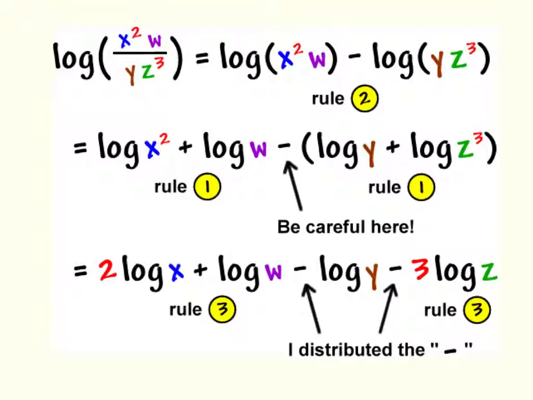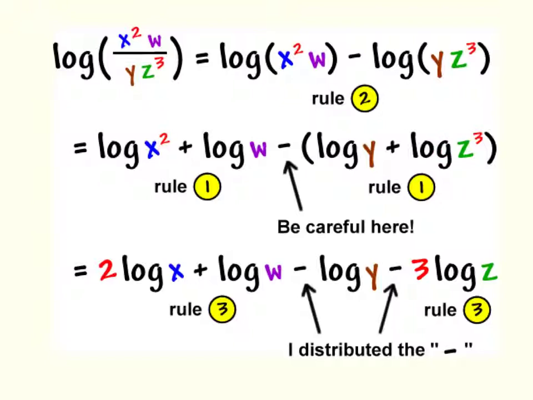So there's rule 2. Now, if we look at the top, x squared times w, any multiplication we can change to addition. So we did that on the top part, and we did it on the bottom part. Now we have to be careful here because there's the negative. We have to distribute it to the whole bottom part.